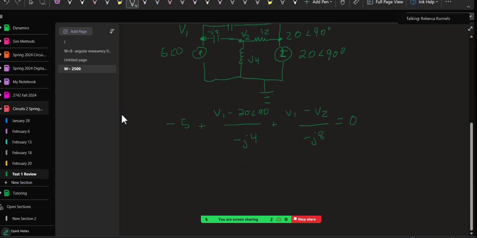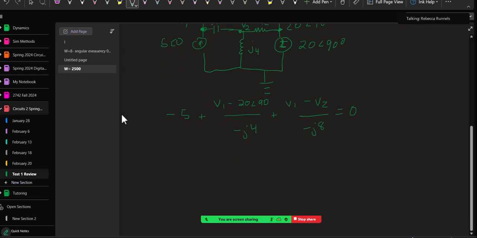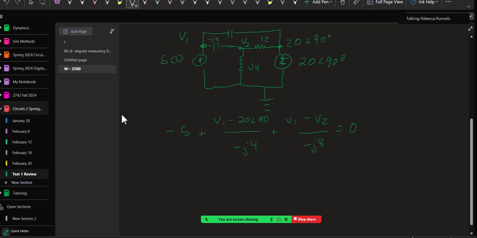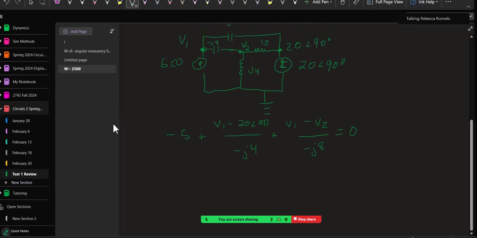And then my second equation, starting at V2, I would have V2 minus 20 angle 90 degrees over 12 plus V2 over J4 plus V2 minus V1 over minus J8 equals 0.